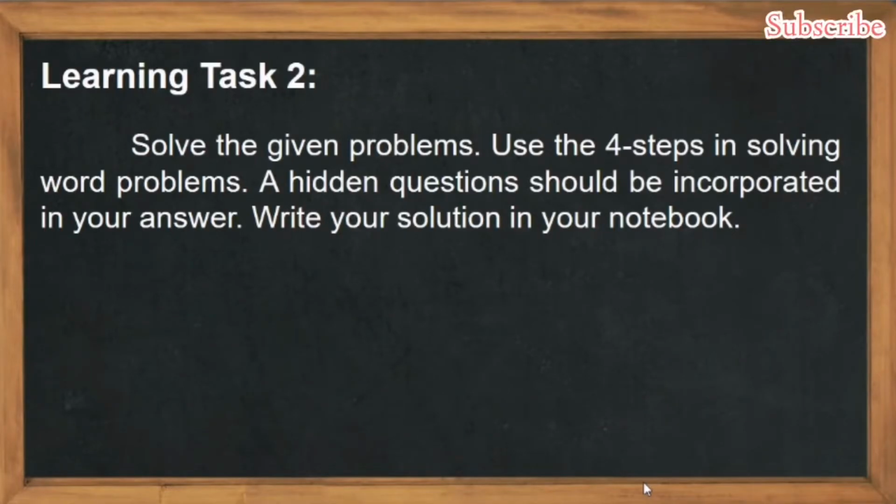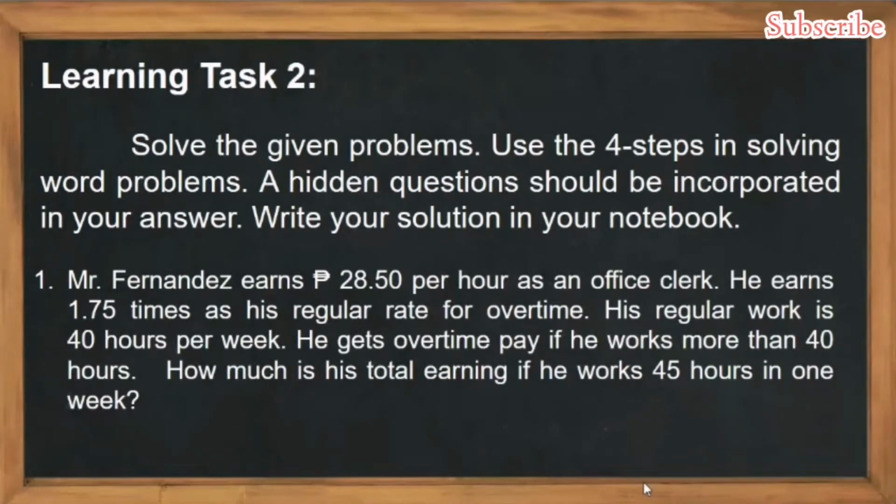For number 1 question, class, we have Mr. Fernandez, who earns 28.50 pesos per hour as an office clerk. He earns 1.75 times his regular rate for overtime. His regular work is 40 hours per week. He gets overtime pay if he works more than 40 hours.